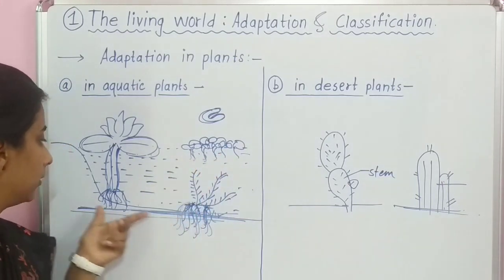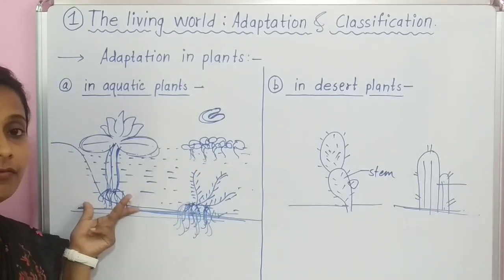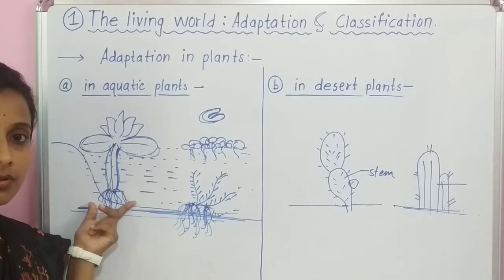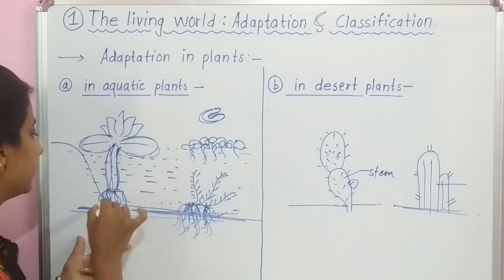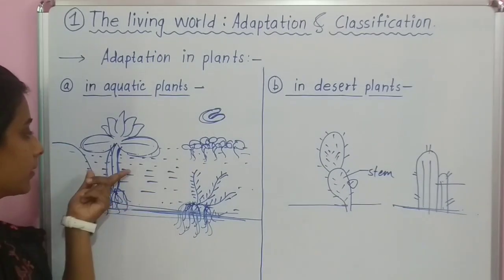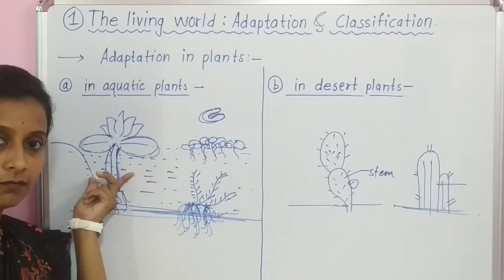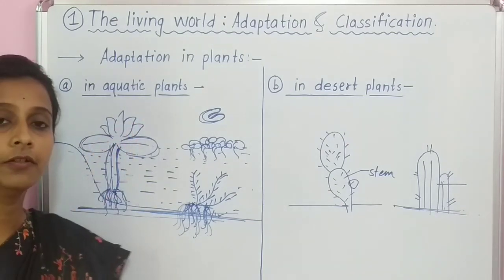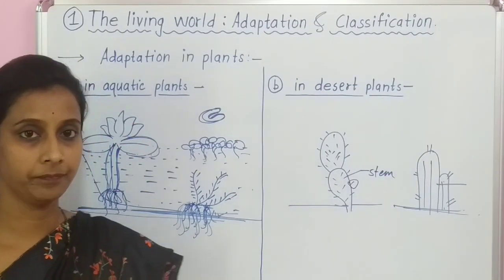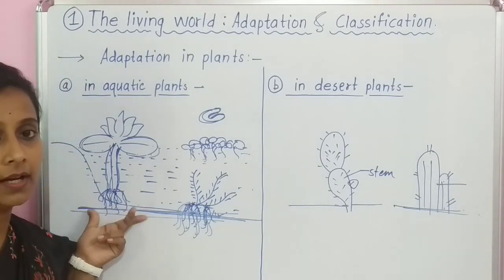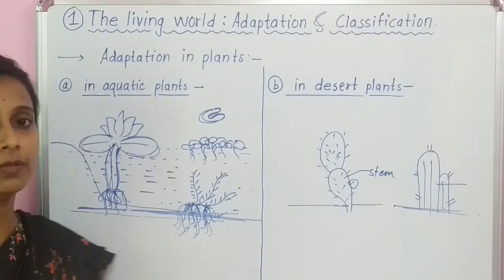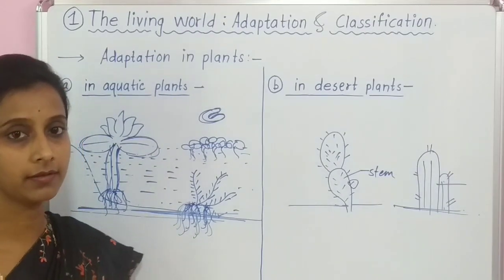Now come to the next. This is lotus, a well-known example. The roots of the lotus plant are deep in the soil, the stem is inside the water, and the leaves and flower are floating above the water. Such aquatic plants are said to be submerged aquatic plants.